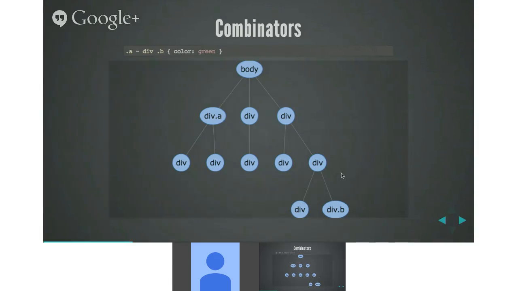So take this example. Here we have an indirect adjacent selector, which makes you select the class A on the div to the left.